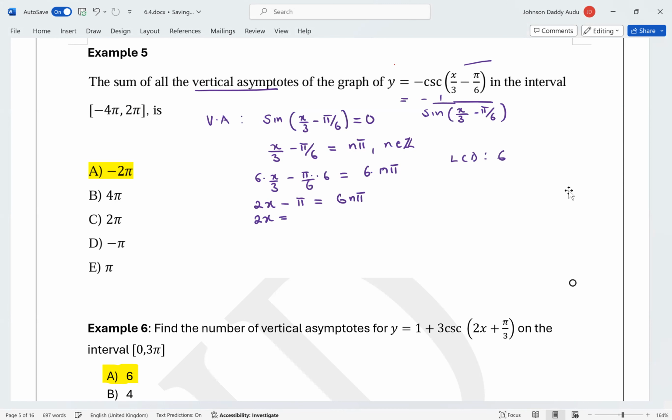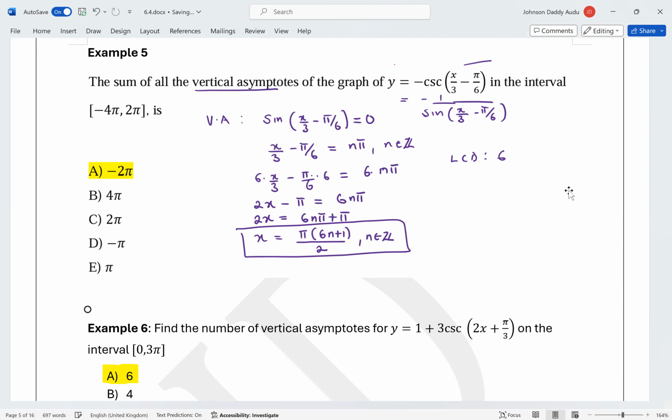So this will be 6n pi plus pi, and it means that x, you can take pi as a common factor, so you have pi times 6n plus 1 over 2, where n is in Z. So this gives us now the general formula for all the vertical asymptotes for this function.